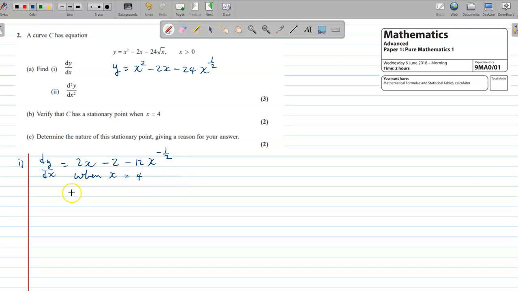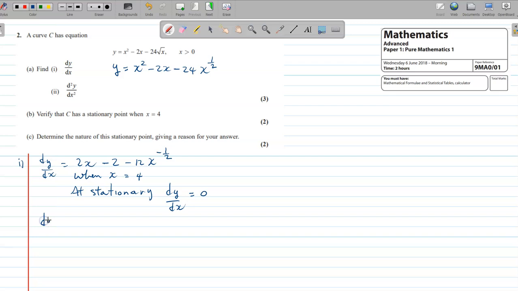What we need to write first is, at stationary point, dy by dx equals 0. So if we input x equals 4 in here, we should get 0.